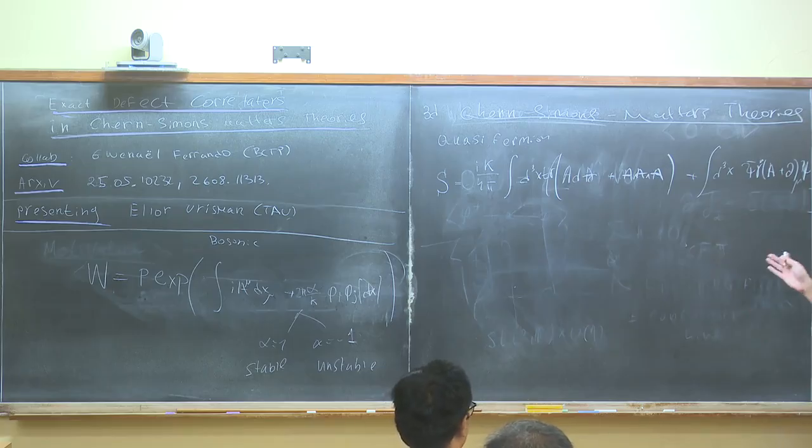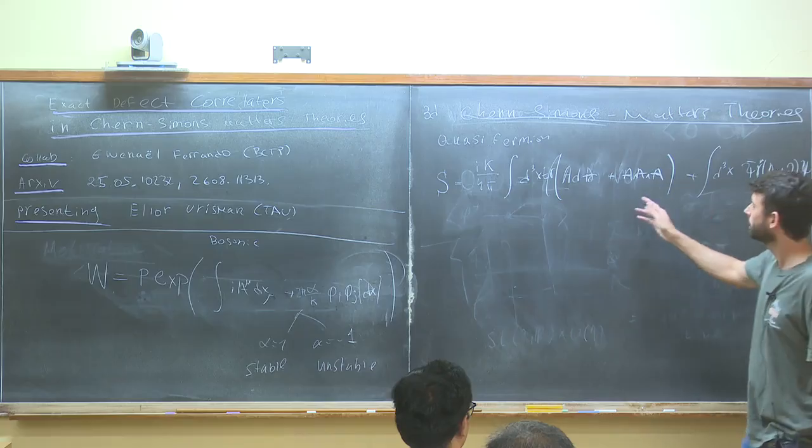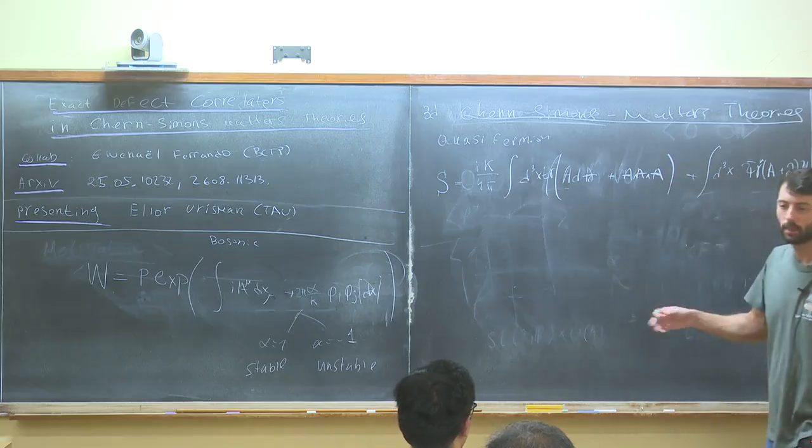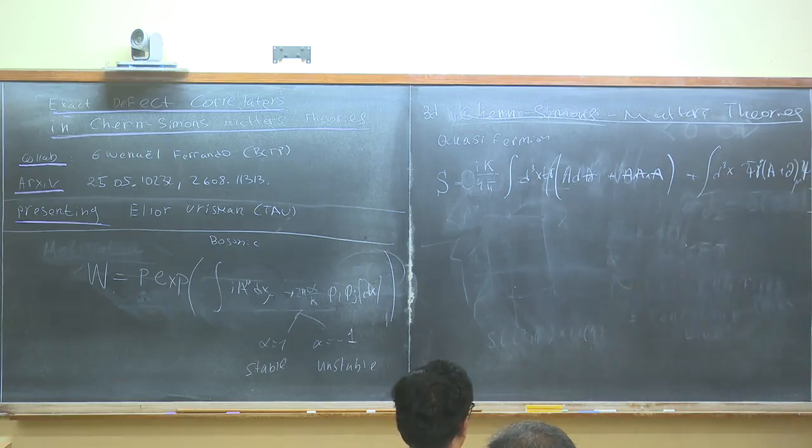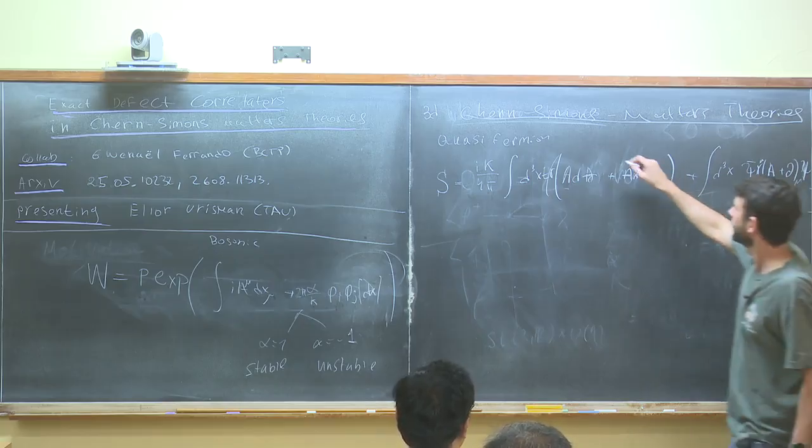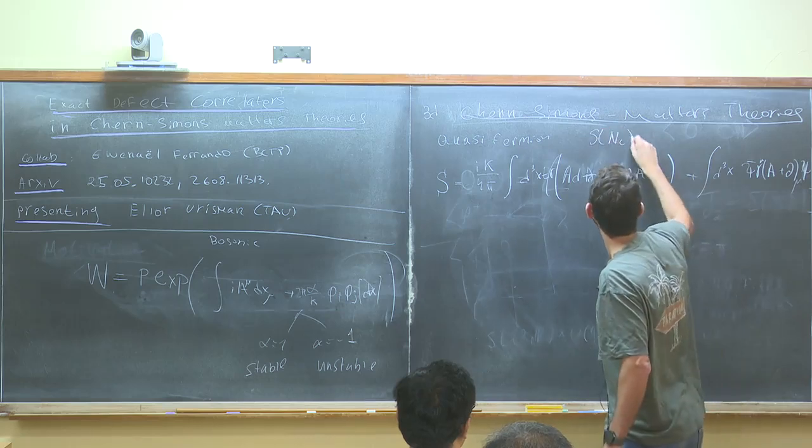And then you don't have anything else that you can write. And this K is called the level of the CS gauge field, and it doesn't run. It's like a discrete number.